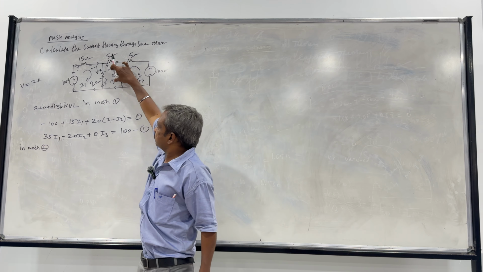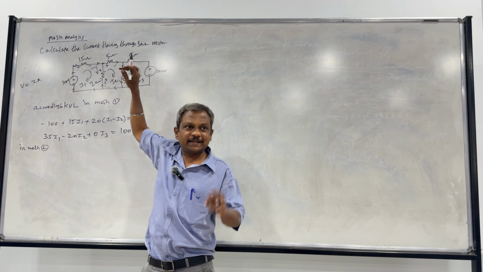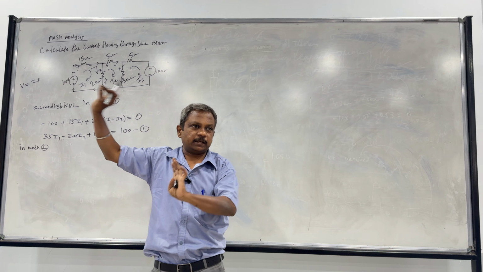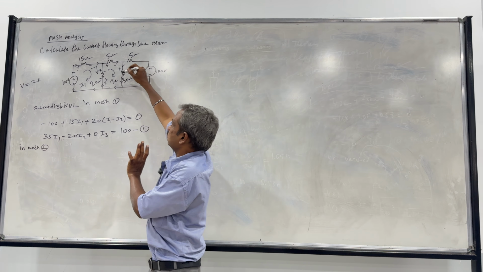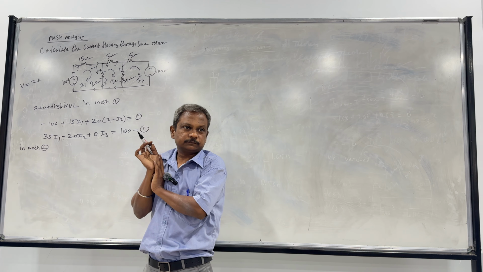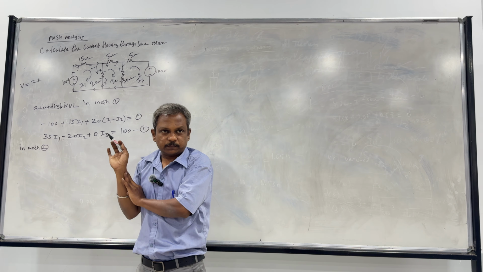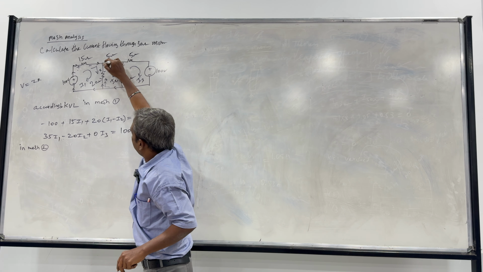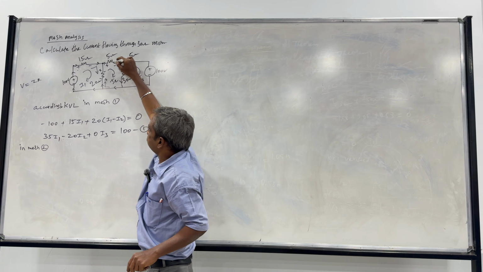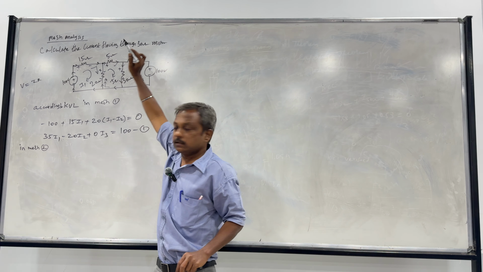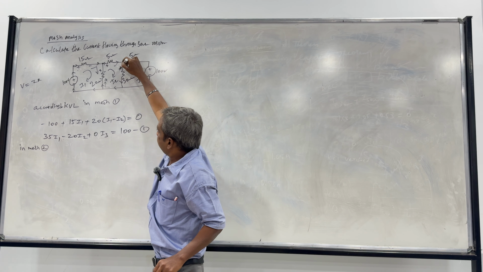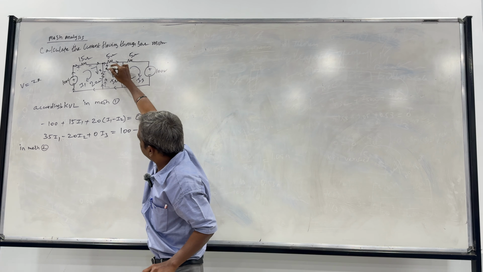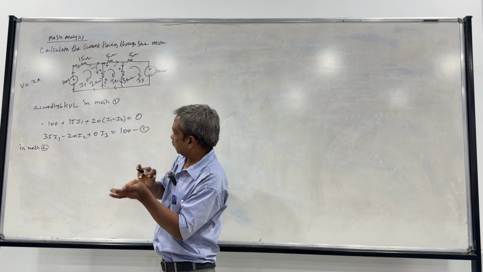In this mesh equation 2, there are 3 elements, so 3 potentials. Potential means you have to give polarity. I am giving polarity according to the direction of current. Since it is absorbing power, current will enter at positive and leave at negative. Since we have assumed clockwise direction, we are giving positive sign here, negative sign here. Now you are consolidating.